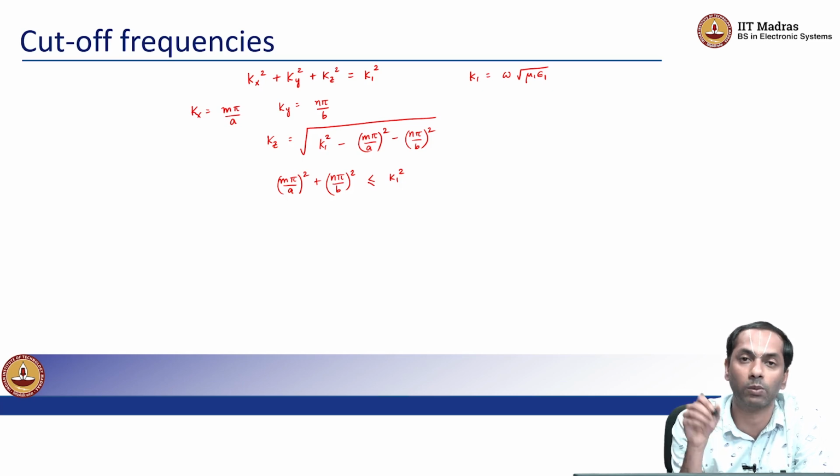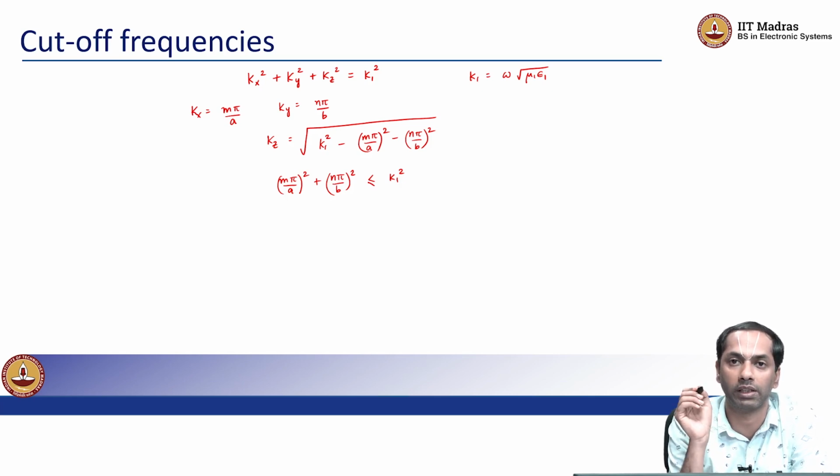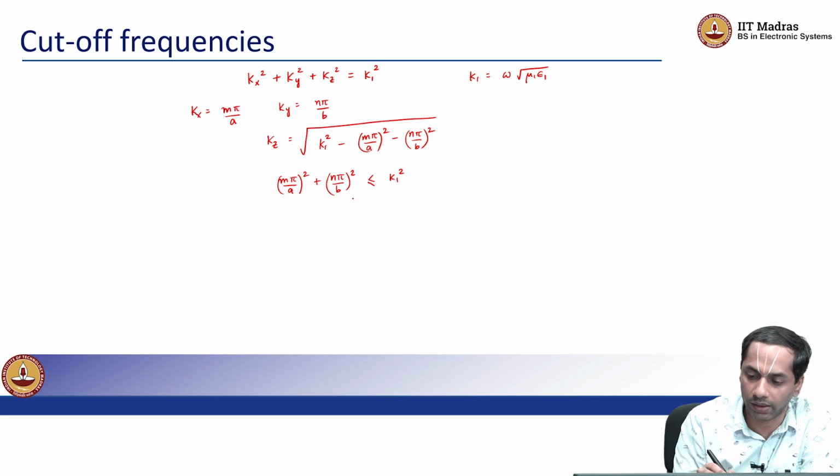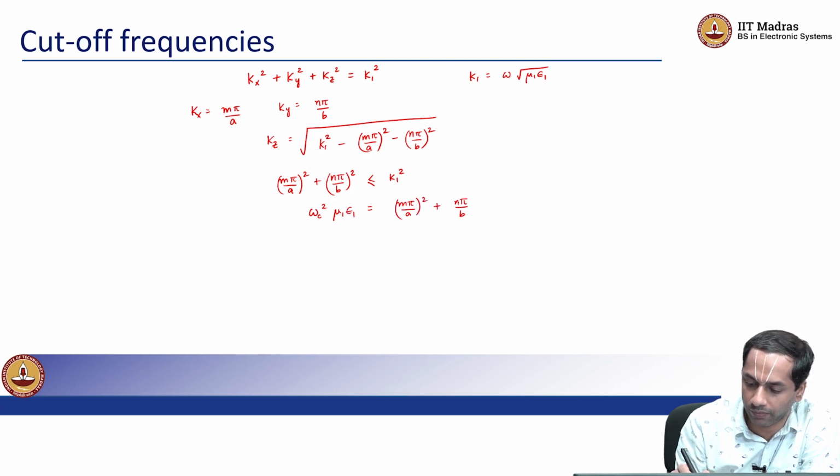So when I look at the equality, omega c squared mu 1 epsilon 1 is equal to m pi by a whole square plus n pi by b whole square.